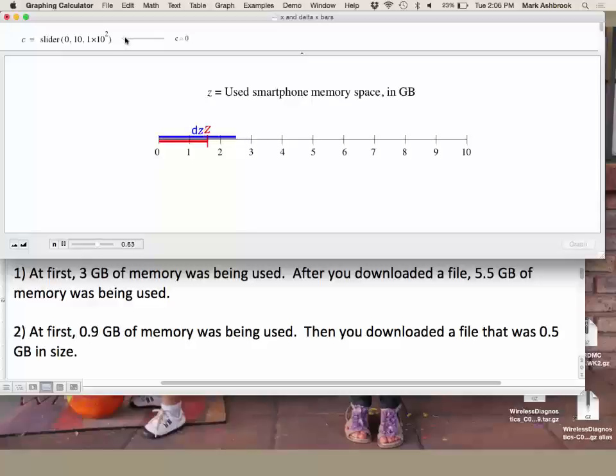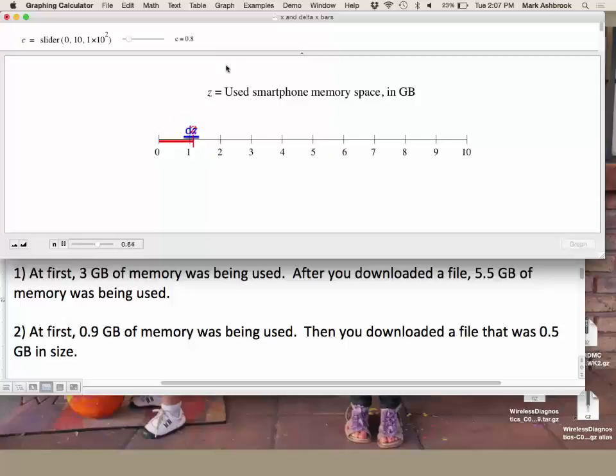At first, 0.9. Here we go. What does it say?